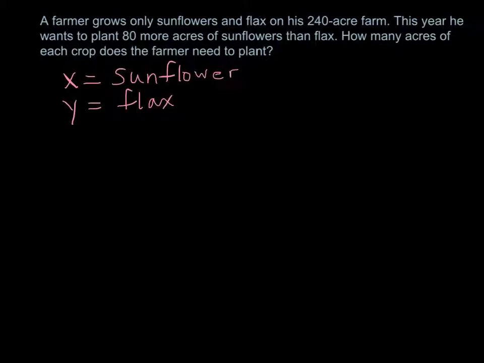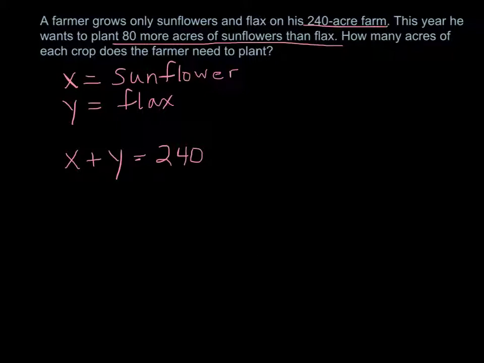Okay, so he's got 240 acres. He's got 80 more acres of sunflowers than flax. He's got 240 acres. Some are sunflower, some are flax. So his sunflower plus his flax equals 240 acres. Then he wants to plant 80 more acres of sunflower than flax.